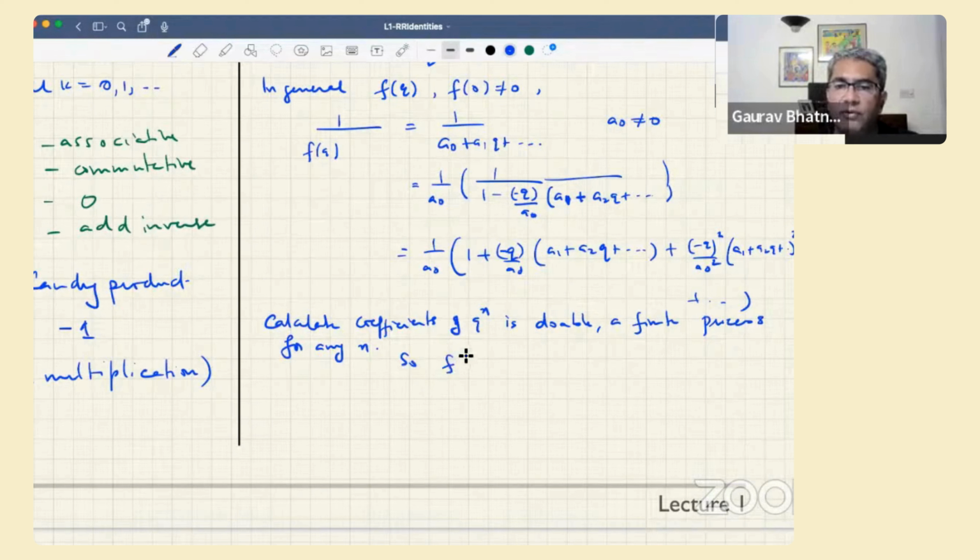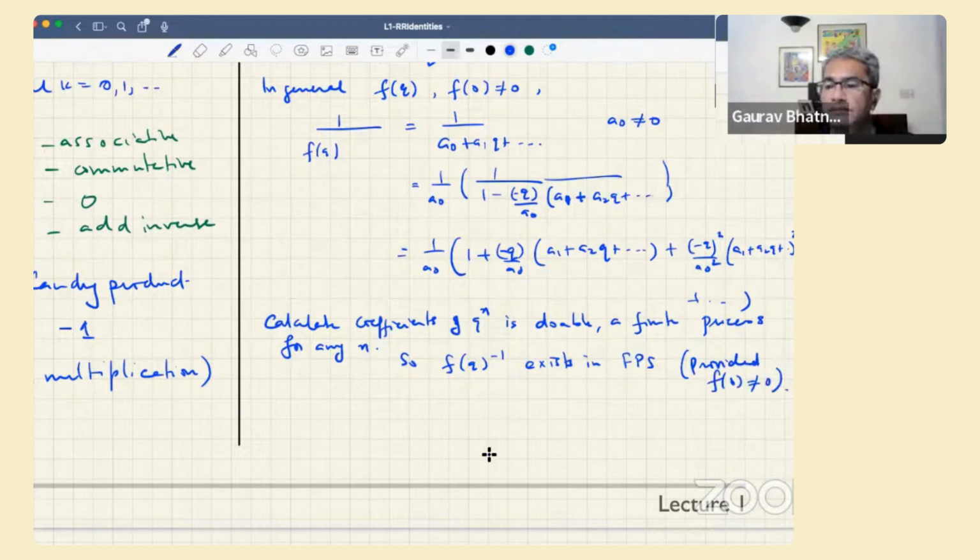So f of q inverse exists in formal power series, provided f of 0 is not 0. Otherwise, you take out the q and maybe you get some Laurent series or something like that. Okay, so this is how one has to interpret it.